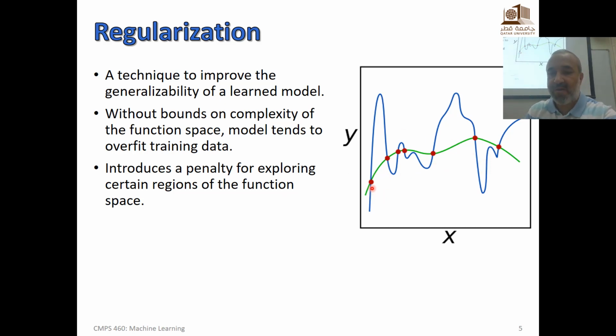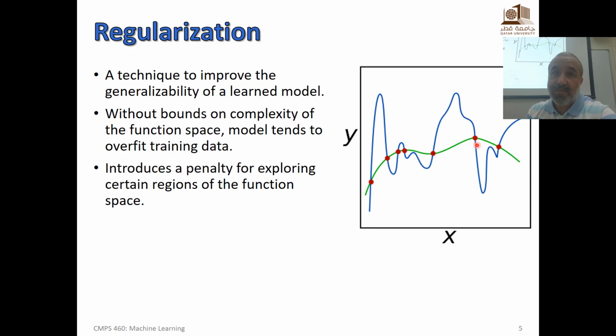Let's say that we have these red points and we want to approximate a function that will pass through these points. We have an infinite number of functions actually that will pass through all of these points, right? Here are two of them. You'll find the green one and the blue one, right? There's a big difference between them, of course. Which one is simple and which one is complex?